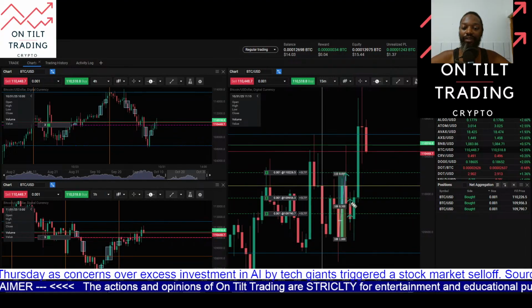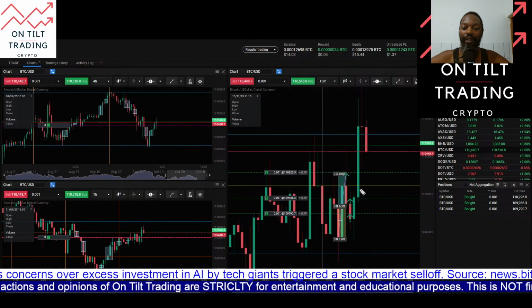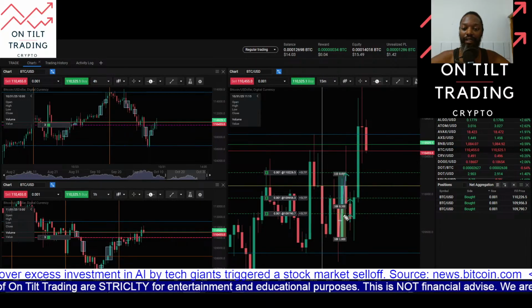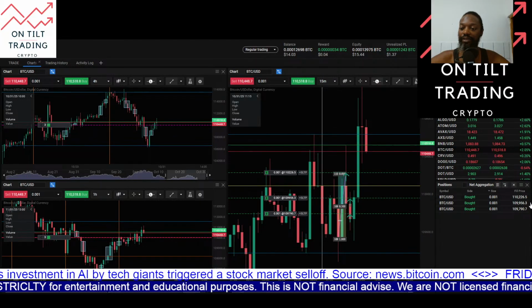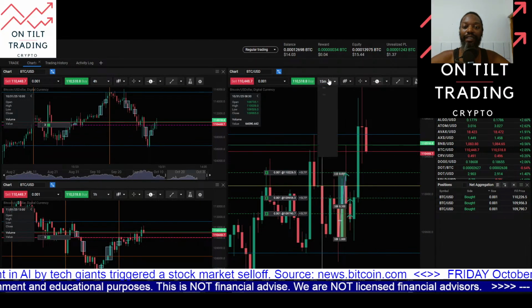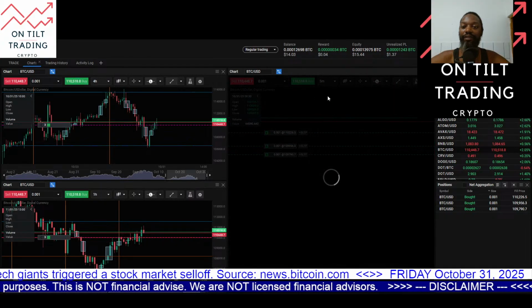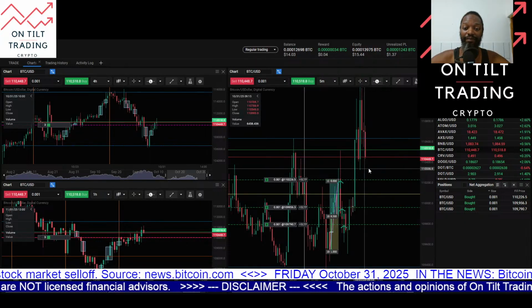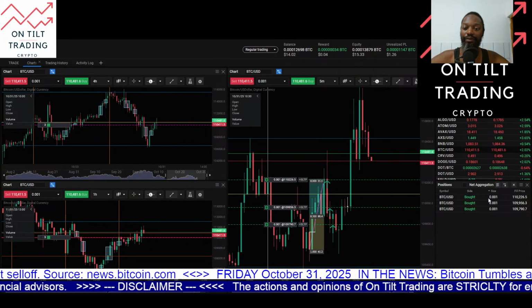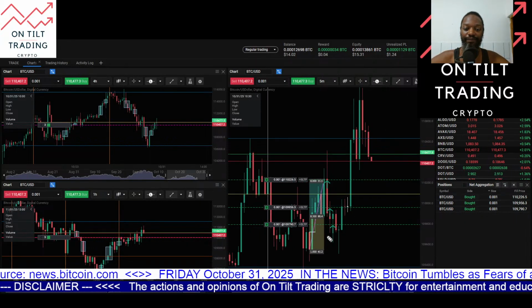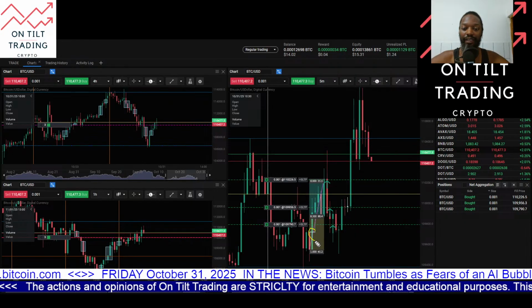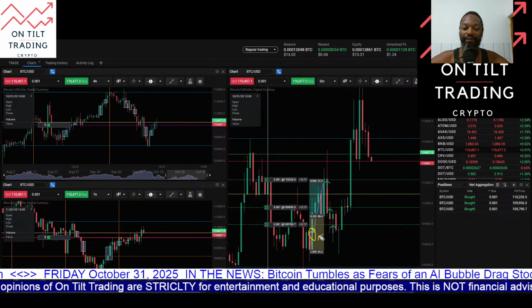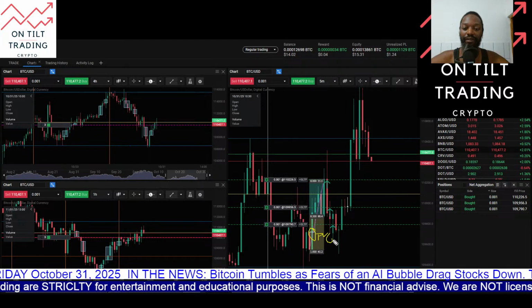With that, that triggered a long idea for me. So actually I entered in stages. Once that sell side liquidity was traded into, I dropped down to the 5-minute chart. And here in this 5-minute chart, you can see there is a small fair value gap right here.